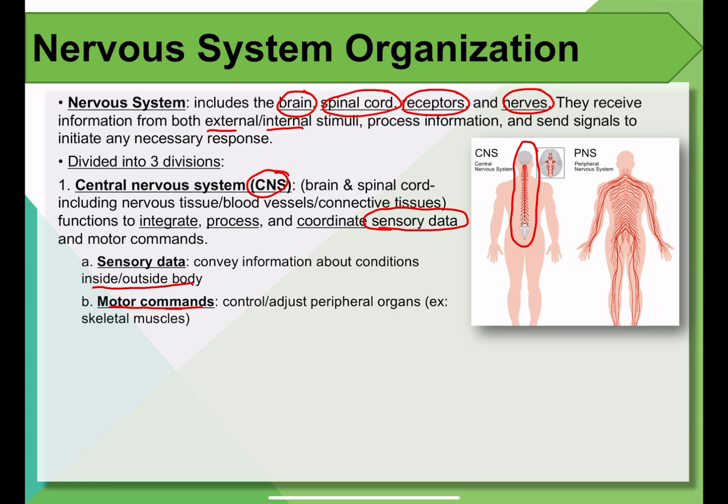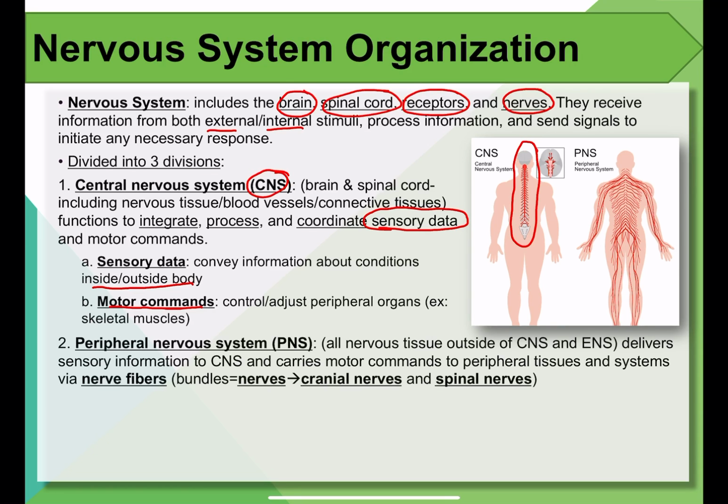Okay, so we will talk about the spinal cord. The central nervous system not only includes the brain, but it also includes the spinal cord. In chapter 13, we'll go over some of the reflexes that happen automatically without us necessarily being consciously aware of that reaction.